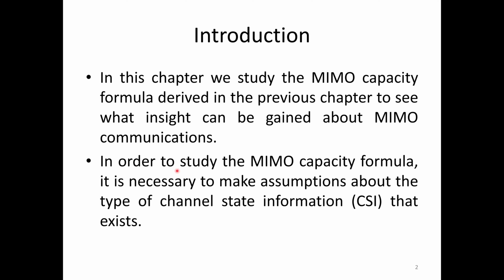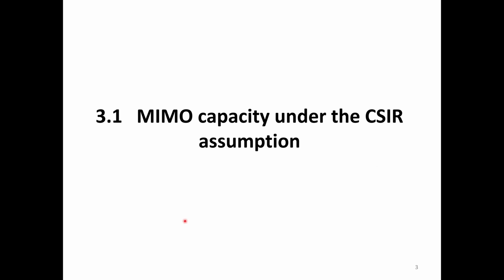In order to study the MIMO capacity formula, it is necessary to make assumptions about the type of channel state information, CSI, that exists. First, let us go to section 3.1, MIMO capacity under the CSIR assumption.